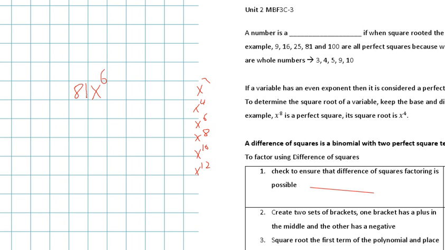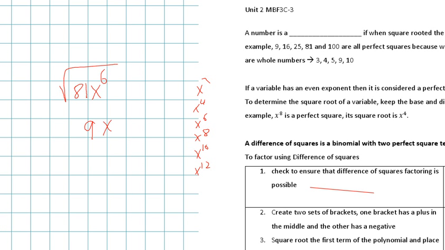How can you square root x to the power of 6, you mean? If I want to square root this, because square root is the opposite of square, right? Square root of 81 is 9. To square root x to the power of 6, you divide the 6 by 2. We're going to learn why when we do exponents.